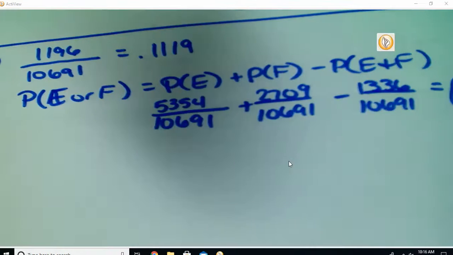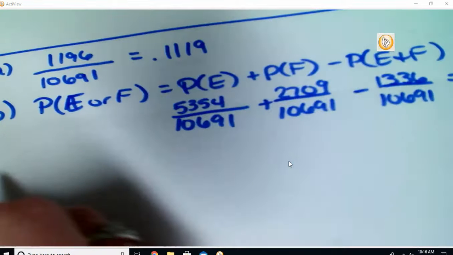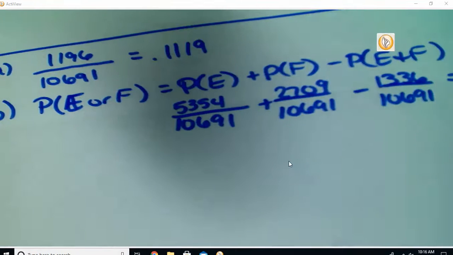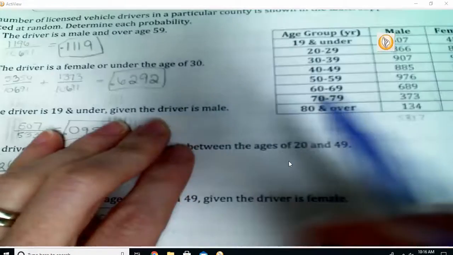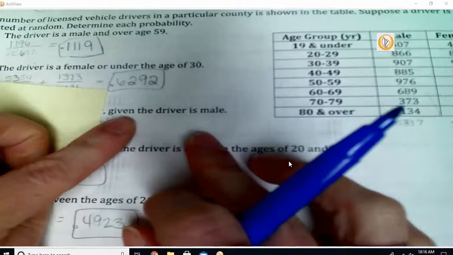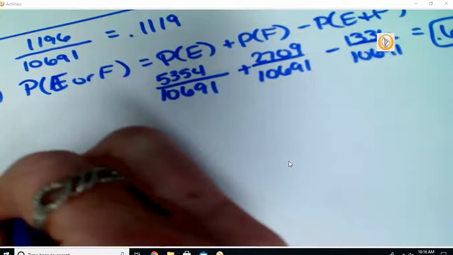Okay, the other thing that we have really struggled with is the conditional. So please make sure you're paying attention to me here. C. The driver is 19 and under, given the driver is male. When you have a conditional, the first thing I want you to look at is the condition, the given. The driver is male. So that is my denominator.